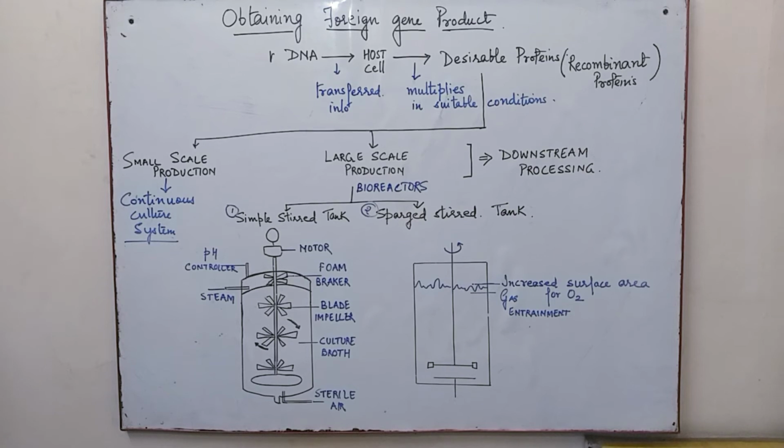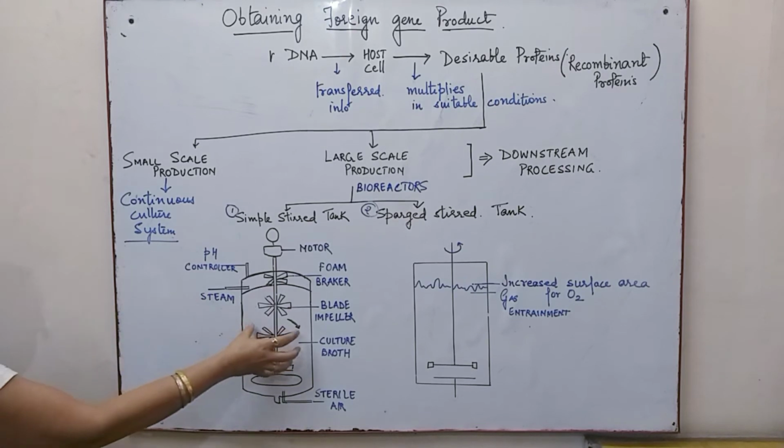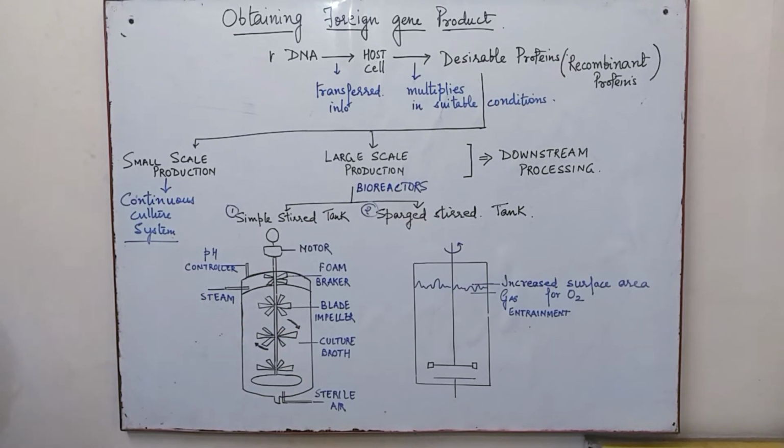Then other factors such as salts, hormones, etc. and the other factors, depending upon what kind of product we need, there are various kinds of substances which will be required, and they are maintained optimally in these bioreactors. So let us talk of the simple stirred tank bioreactor.